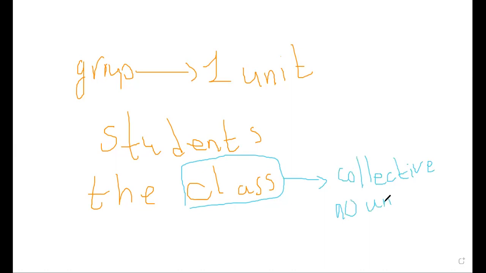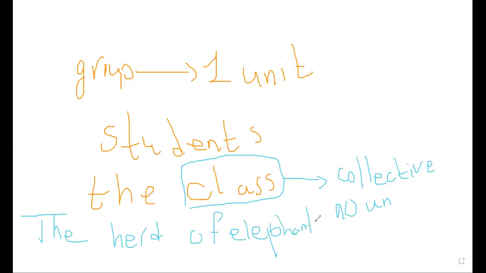Good. Another example about animals, for example, the herd. The herd of elephants played beside the lake. What is the collective noun here?